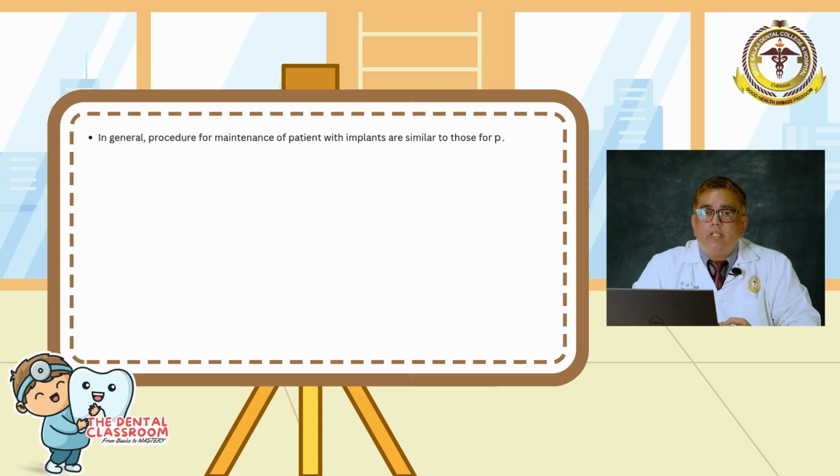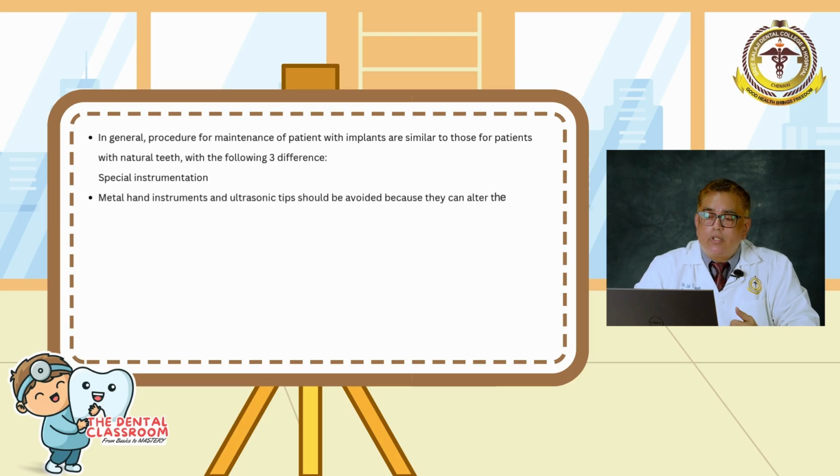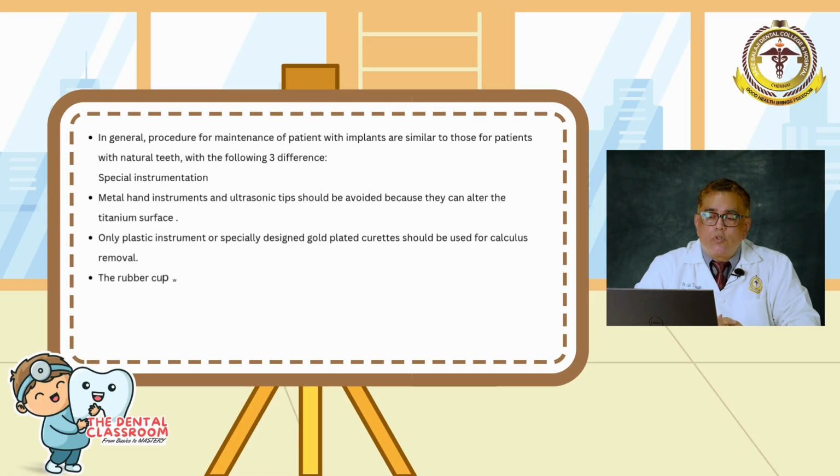So what do you do in the general maintenance of patients with implants, compared to patients with natural teeth? How do they differ? You have some special instrumentation which is used. Metal hand instruments and ultrasonic tips should be avoided because they can alter the titanium surface of the implant. Only plastic instruments or specially designed gold-plated curettes should be used for calculus removal.